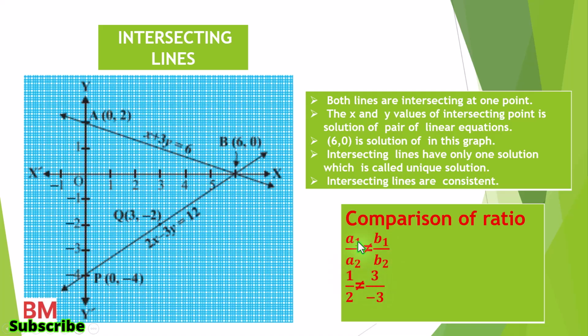Here the coefficient of x in the first equation is 1, in the second equation 2, so 1 by 2 is not equal to the coefficient of y in the first equation, 3, by the coefficient of y in the second equation, minus 3. Both are not equal. This is the condition. If A1 by A2 is not equal to B1 by B2, then the graphs are intersecting lines.